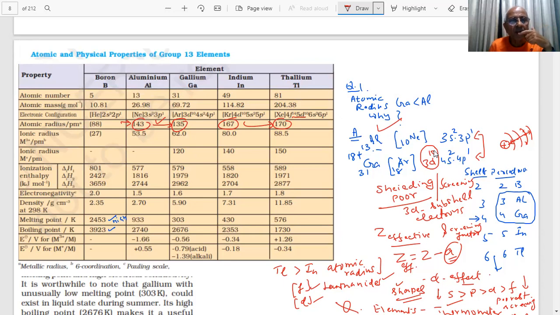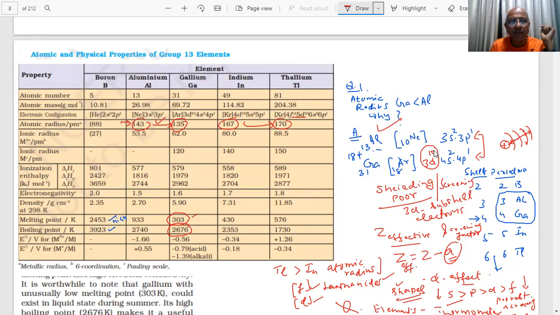My work clearly indicates that students who will not pay attention to each and every line, each and every word, will be losing at least 1 mark. Now, students, this is my gallium. Gallium melting point 303 Kelvin and boiling point 2673. 303 Kelvin means what, student?